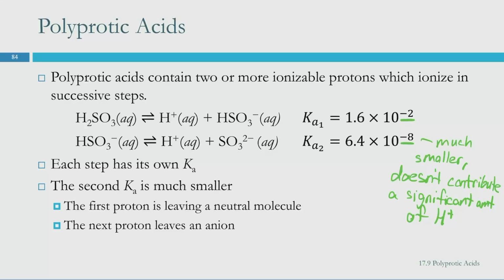And then in the second step, we've got something that already has a 1 minus charge, and we're trying to remove or release a 1 positive charge from that. So this SO3 has a 2 negative charge. It's going to be harder for that H plus to leave. This is sort of a Coulomb's law effect, like we saw in Chem 1A.